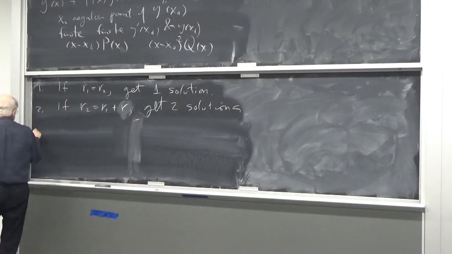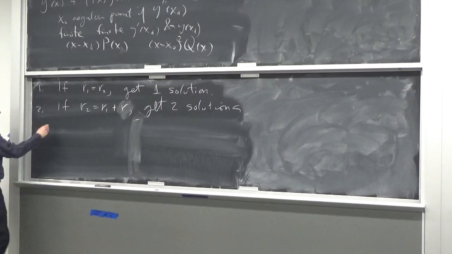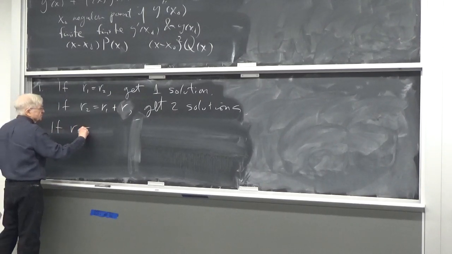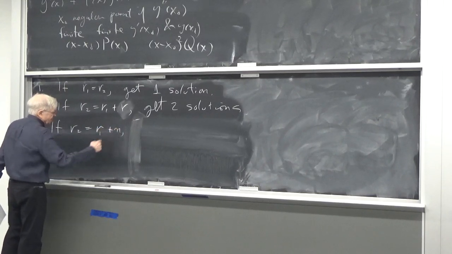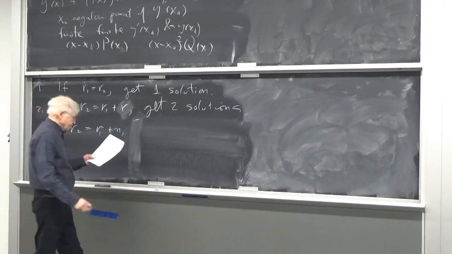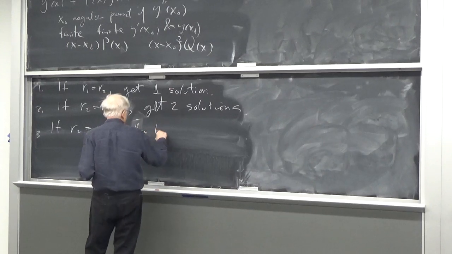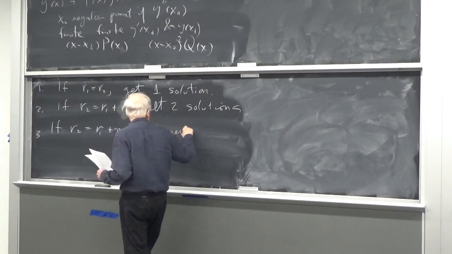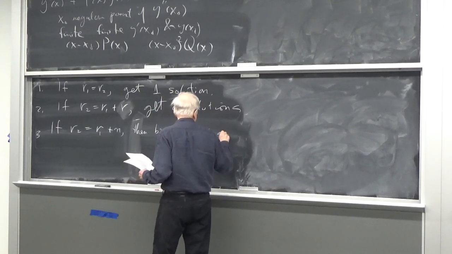The third thing that Fuchs proved is that if R2 is R1 plus an integer, then the bigger root, whether R1 or R2, gives a solution.